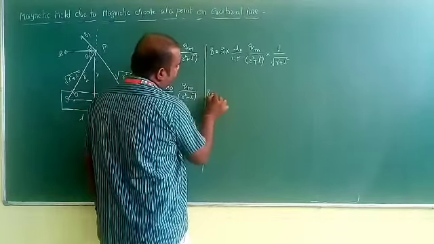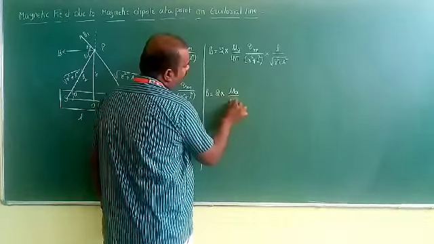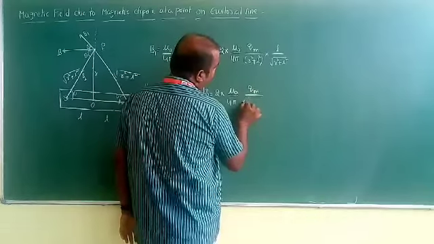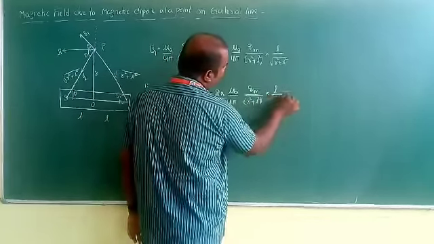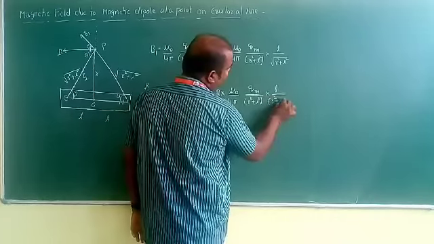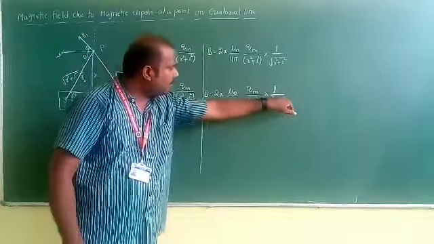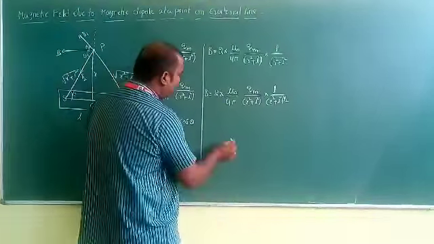Now B is equal to 2 into mu naught by 4 pi into qm by r square plus l square into L by r square plus l square whole power 1 by 2. This is 1, this is 1 by 2. If you add those two terms, you get 1 plus 1 by 2, that is 3 by 2.